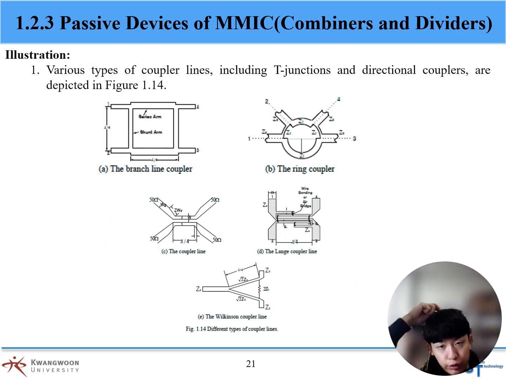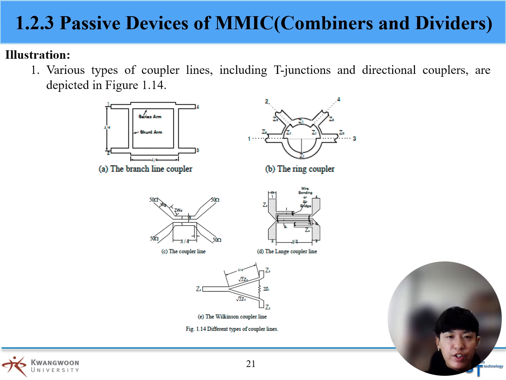This part introduces the combiners and dividers. The combiners are used to merge two or more transmission lines into a single transmission line. The dividers, on the other hand, are utilized to split a microwave signal from one transmission line into two or more transmission lines. The principle is microwave signals can be combined or divided using T connections of transmission lines.